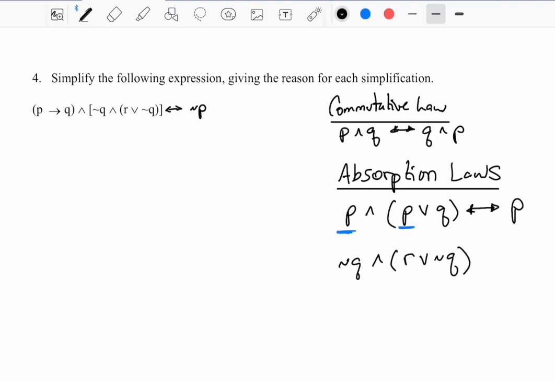These two things do not match, but they will match if I swap the ordering here, which I can do by the commutative law. So I'm going to rewrite this up here: not Q and (not Q or R).